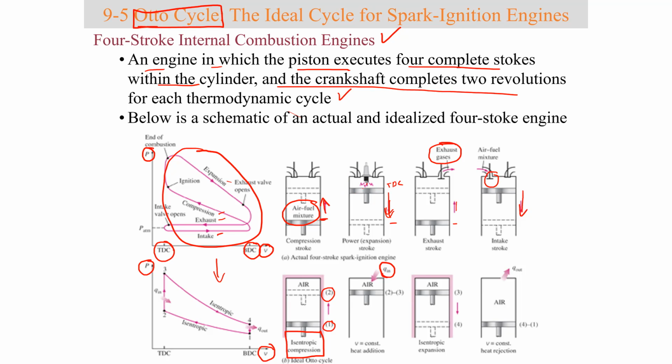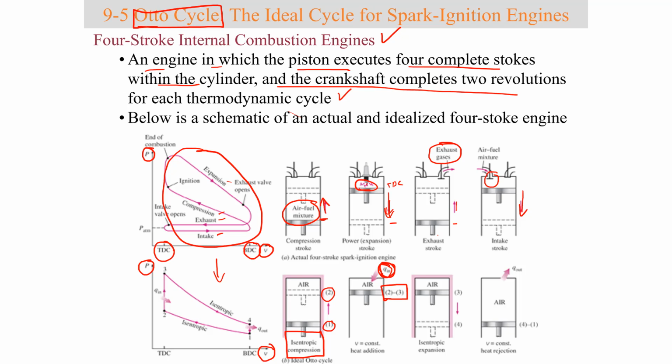So instead of having the air-fuel mixture ignited and the temperature going up and pushing the piston down, we replace the igniting process of the air-fuel mixture with just a constant volume heat addition process to the air. So that's process 2 to 3.